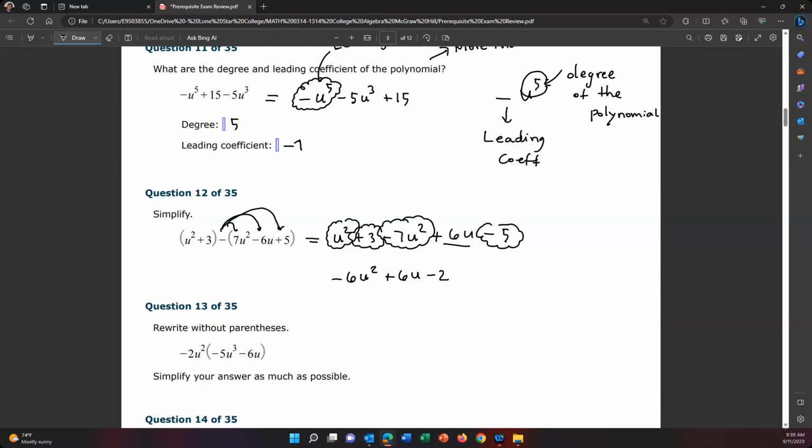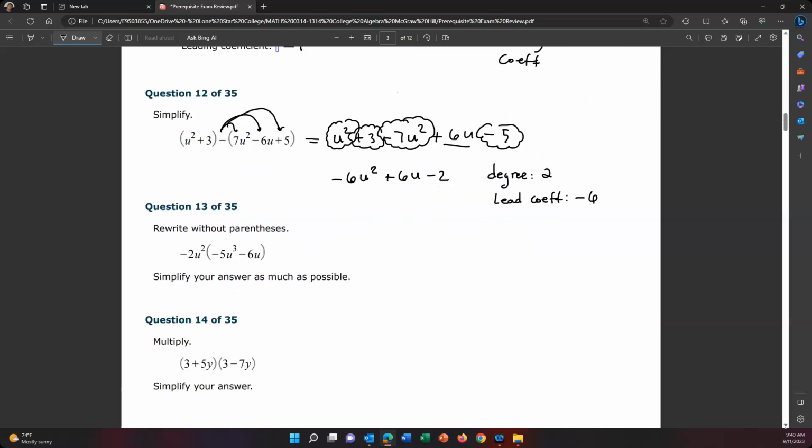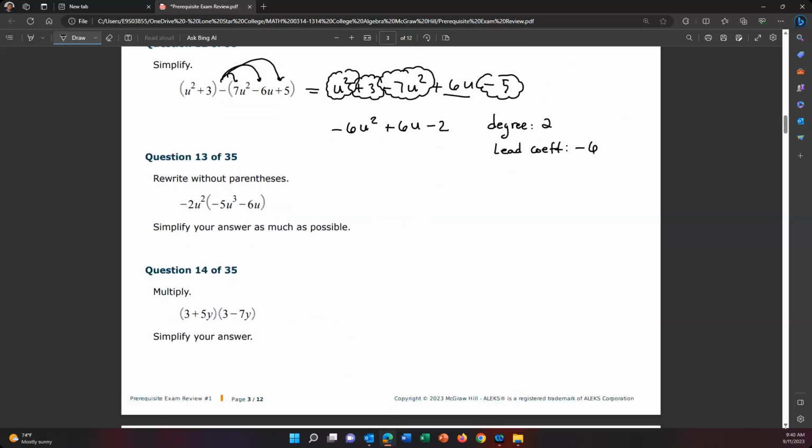Just for fun, what will be the degree of this polynomial? The degree will be 2. What is the leading coefficient? The leading coefficient in this case will be -6. Just to reinforce what we did in the previous example. Easy questions. We should all be able to get these right on the review, and of course on the exam if they show up.